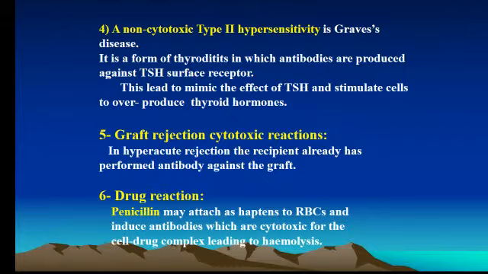What is Graves' disease? It is a form of thyroiditis in which antibodies are produced against the TSH surface receptor, leading to a mimic effect of TSH, stimulating cells to overproduce thyroid hormones.